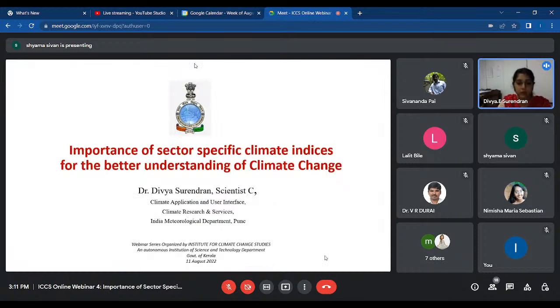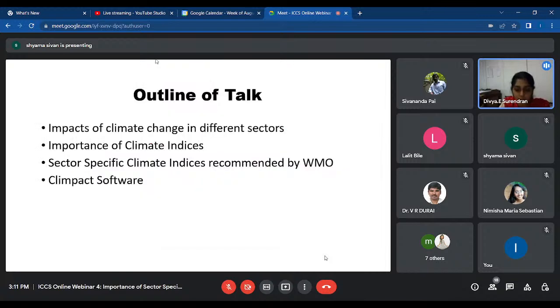I will be talking about the importance of sector-specific climate indices for the better understanding of climate change. Many of us are using different types of climate indices for different purposes. Today I will be discussing some WMO recognized climate indices which are useful for sectors like agriculture, health, energy, etc. The outline of my talk is as follows. First, the impact of climate change in different sectors and the importance of climate indices.